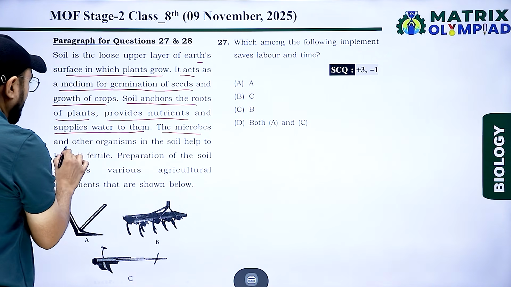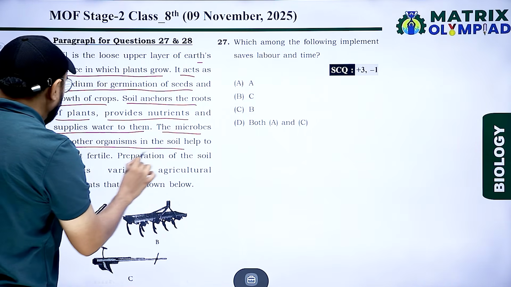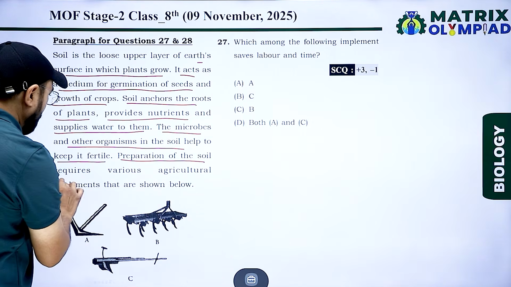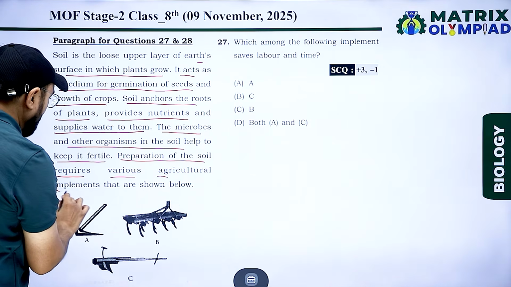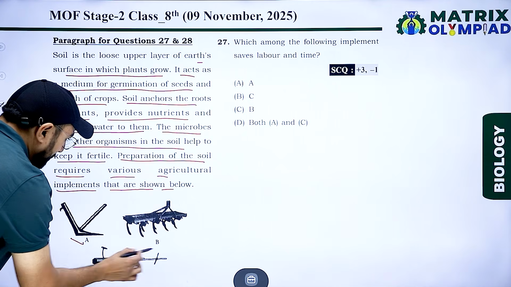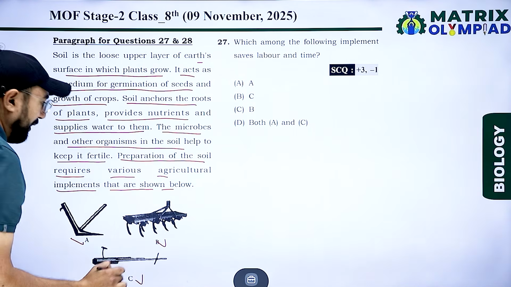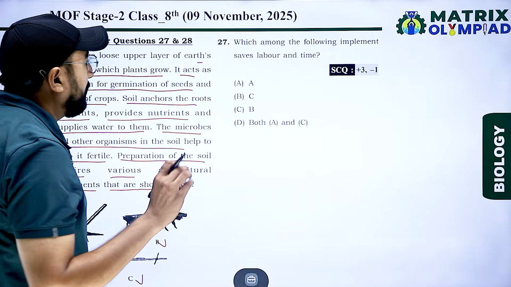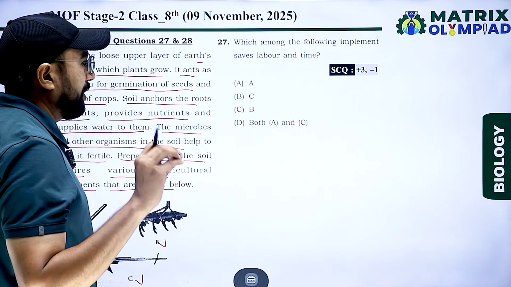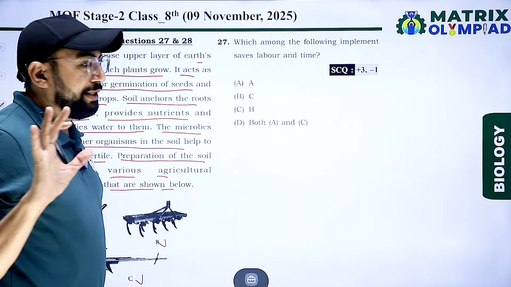The microbes and other organisms in the soil help to keep it fertile. Preparation of the soil requires various agricultural implements shown below, options A, B, C in the diagram. Which among the following implements saves labor and time?